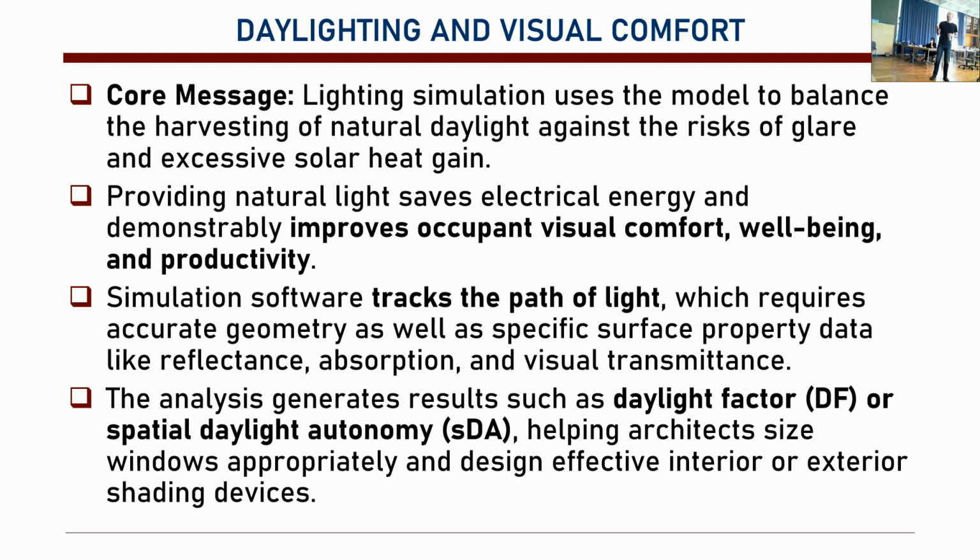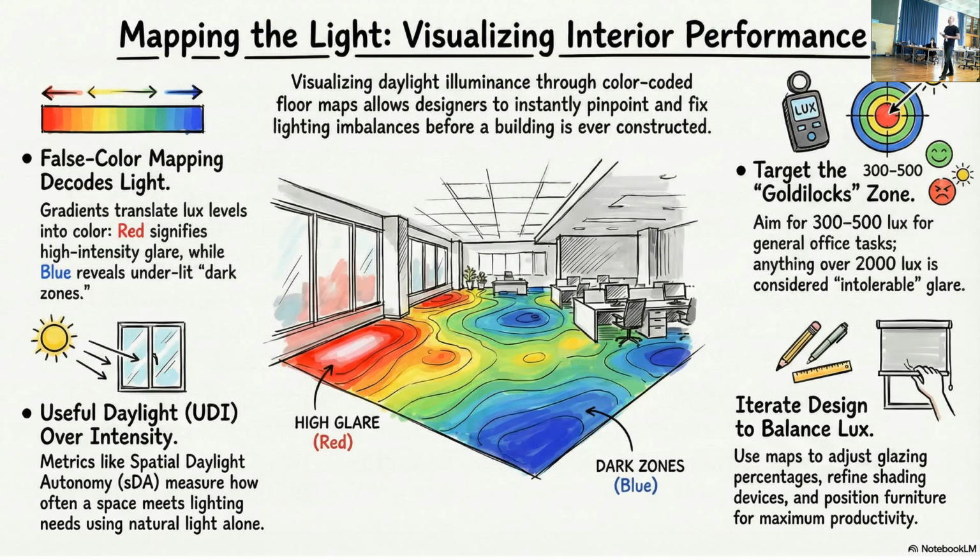But for that, it uses surface property data, like reflectance, absorption, or visual transmittance. And we create daylight factor or spatial daylight autonomy. These are numbers that give you an idea of how your building performs compared to others. So this is what it looks like.